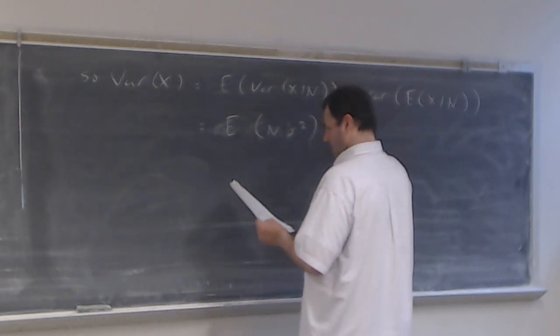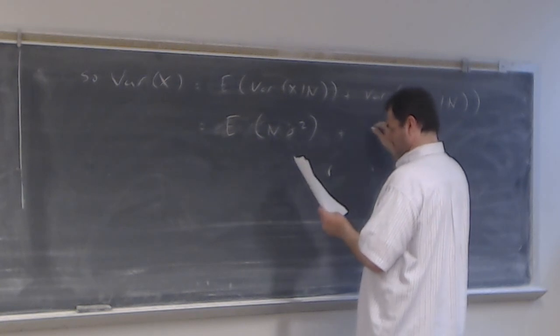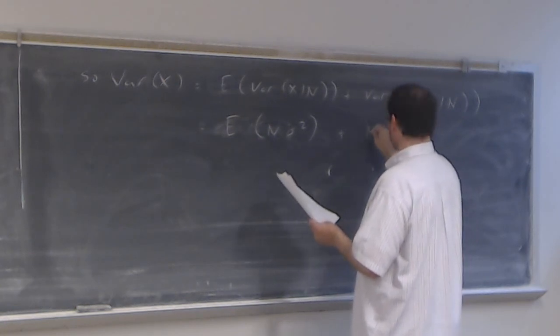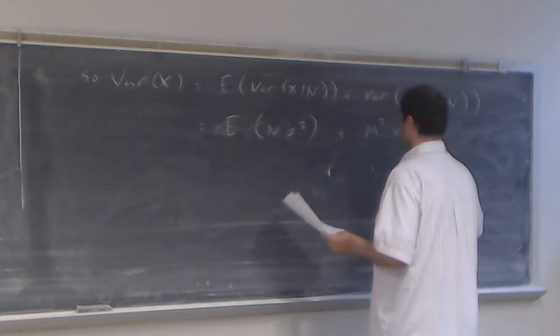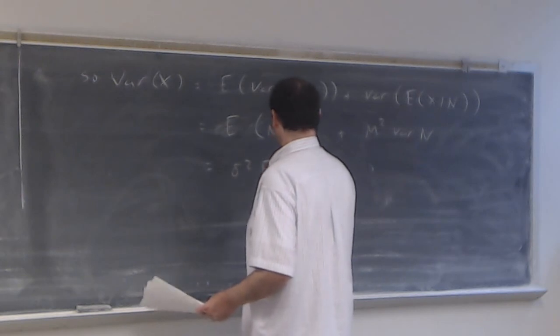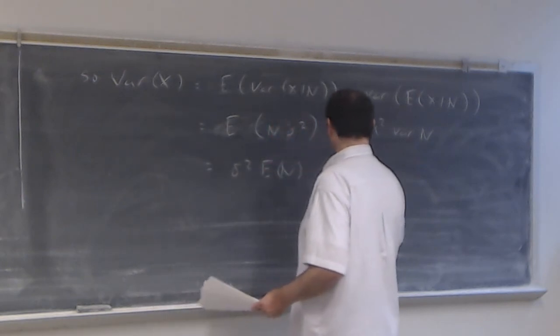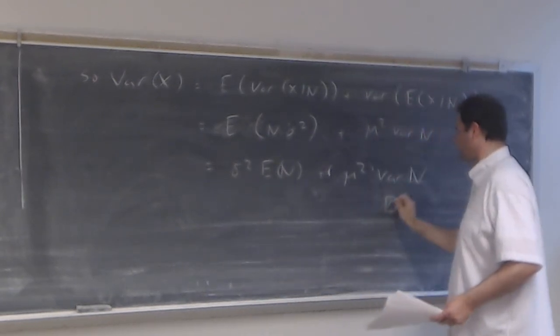That's what we had. Plus, this part we did completely just a second ago, and it was mu squared times the variance of n. And so that's equal to sigma squared times the expected value of n plus mu squared times the variance of n. And that's what we wanted to show.